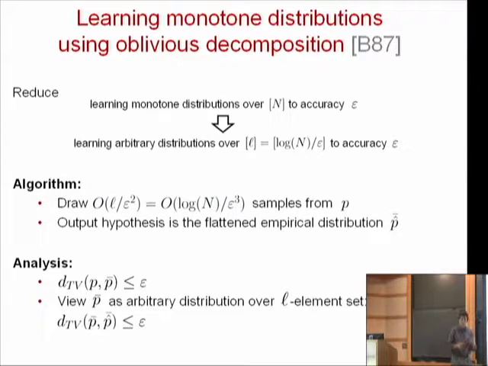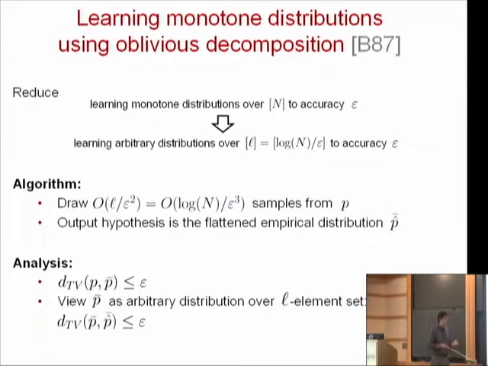And then you say, well, I'm just going to try to learn the flat distributions over the buckets to epsilon accuracy. So what's your actual output hypothesis? You take the empirical distribution you got, some number of points land in each bucket, you flatten it, so you have a flat distribution for the first bucket, a flat distribution for the second bucket, and so forth, and that's your output hypothesis.